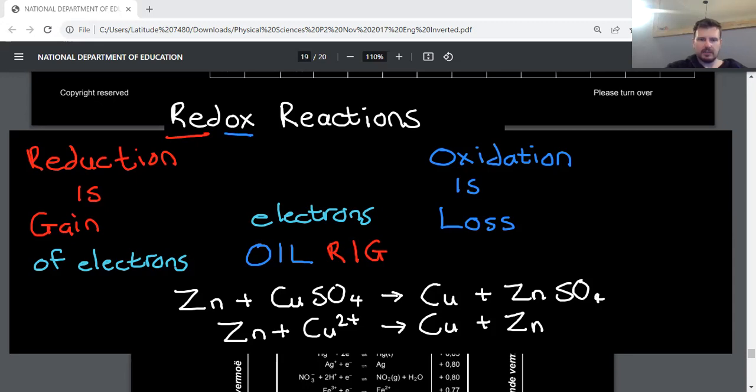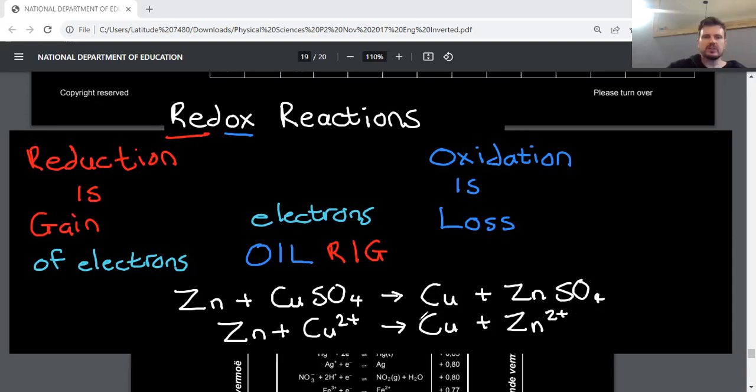That's a fairly common one. Let's look at what's happening with the Zn. It's going to Zn2 plus.